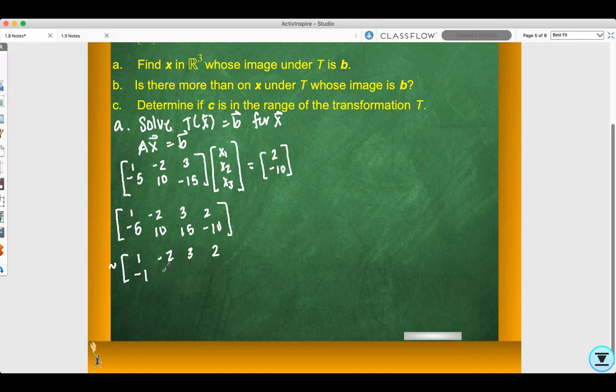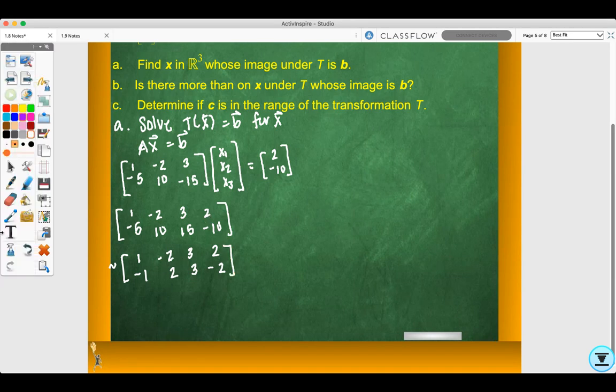So that would give me -1, 2, 3, -2, when I take 1/5 of that. And I'm actually going to take -1/5. So I'm going to make this positive and the middle 2 negative, because that will make it easier on me instead of having to subtract.